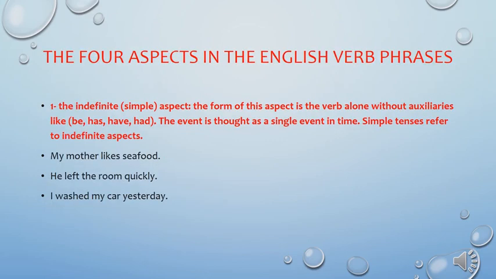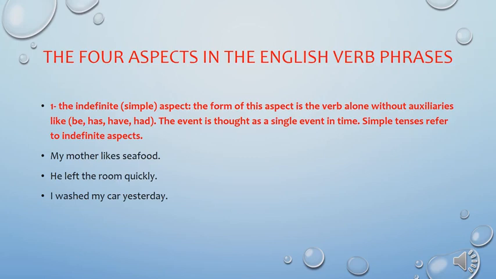We have four aspects in the English verb phrases. The first one is the indefinite or the simple aspect. The indefinite or the simple aspect is represented by the verb alone, without auxiliaries, like be, has, have, had, etc. So if we see the verb alone in a sentence without auxiliaries, it means that we have a simple aspect or an indefinite aspect.